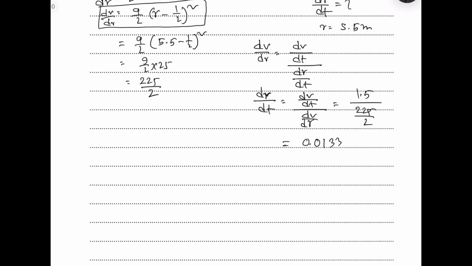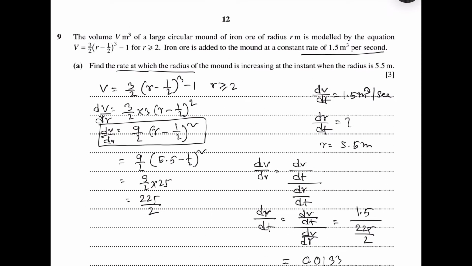If I go through the main question, it is given V equals 3 by 2 (r minus 1 by 2) whole cube minus 1.